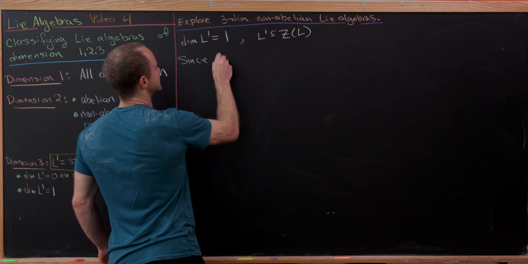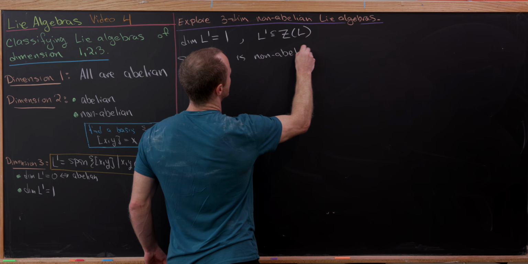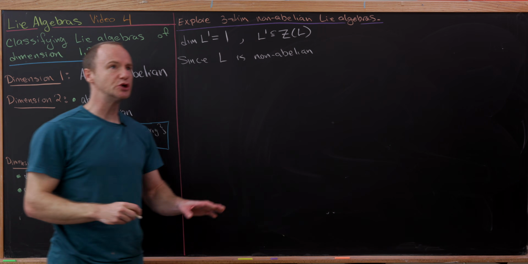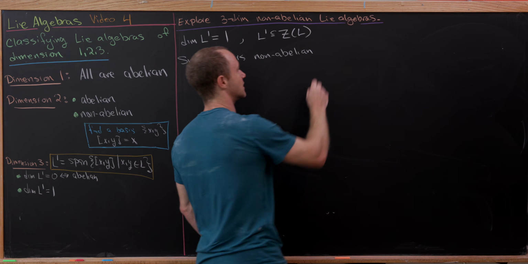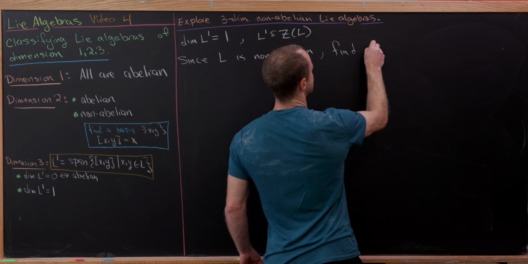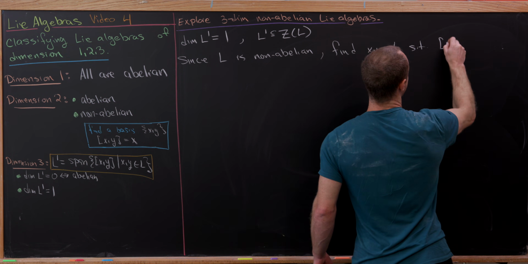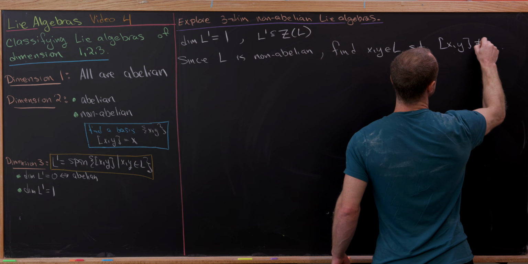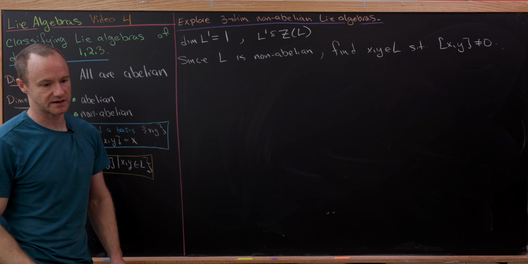Since L is non-abelian, that means that we can find two elements of L whose bracket is non-zero. So let's do that. Let's find x and y in L such that bracket xy is non-zero. That's possible because it's non-abelian.